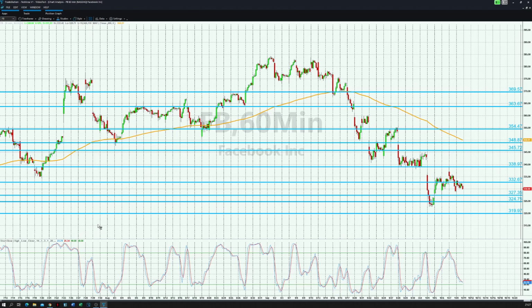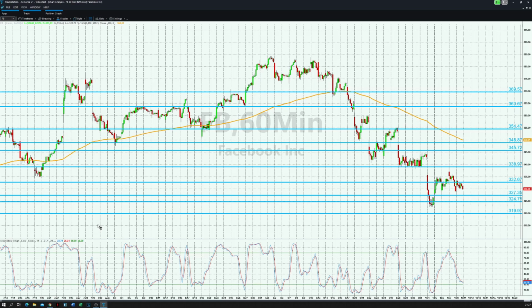There are two kinds of divergence: the reversal divergence and the continuation divergence. Continuation is also called, if you want to look it up, a hidden divergence. Why hidden? I don't know, maybe because people don't look for them.